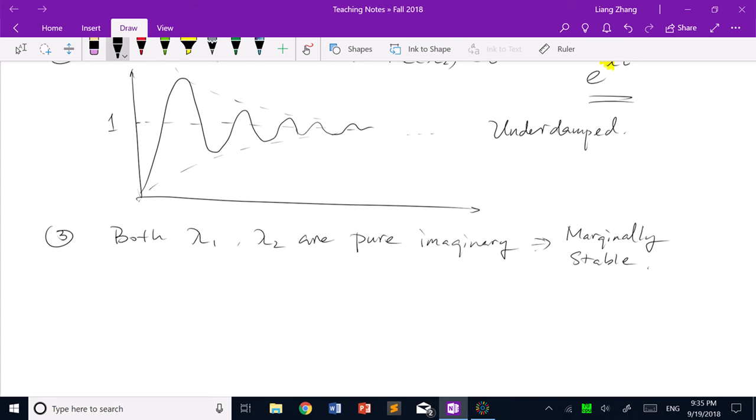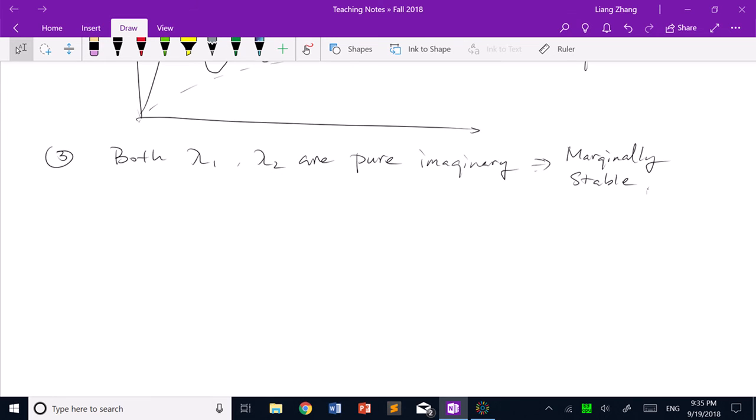This is a special case, but usually we don't really discuss marginally stable systems. We want to focus on asymptotically stable systems, but for second order systems, since this is really representative of a particular scenario, we want to also have this in the discussion.